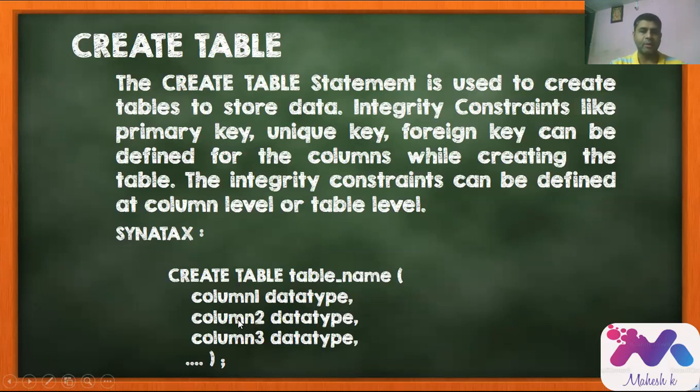Then comma, again the next column. However many columns you need, after each data type declaration you have to use a comma. At the last you have to close the parenthesis, and put a semicolon. Every statement terminates with a semicolon, only then will it be considered.